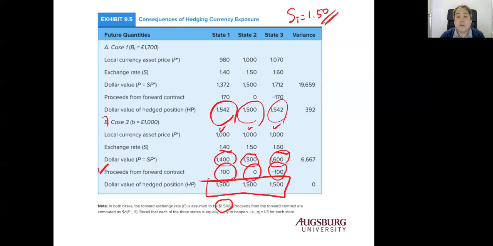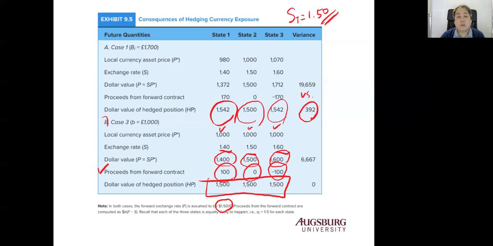So there is some variance about this position, about 392. But comparing with just the unhedged one, which is 19,659, you are exposed to a lot lower risk.